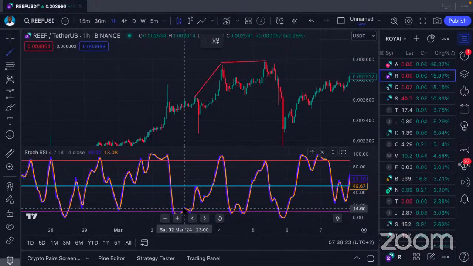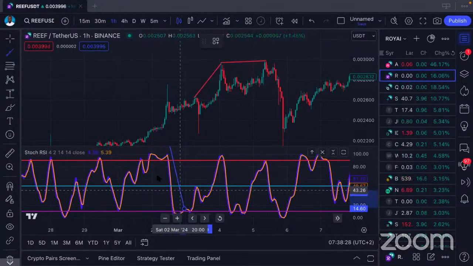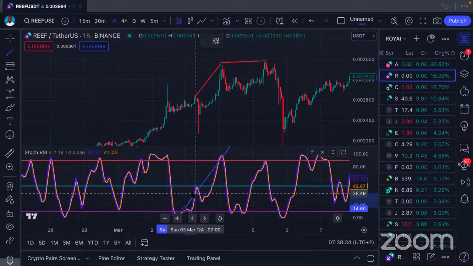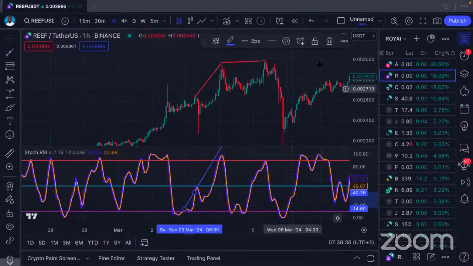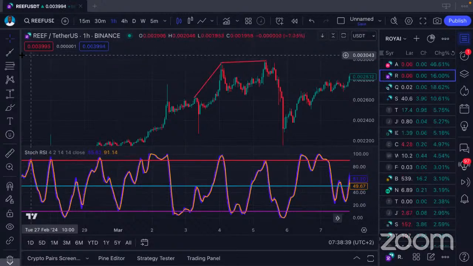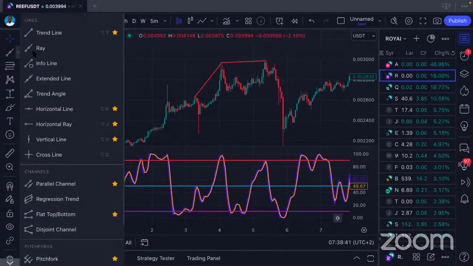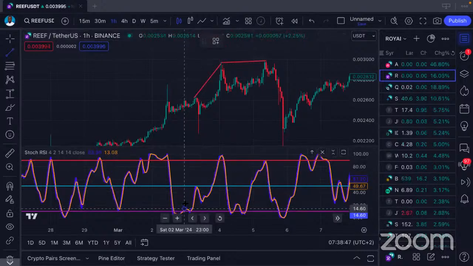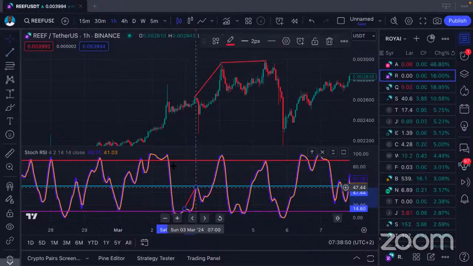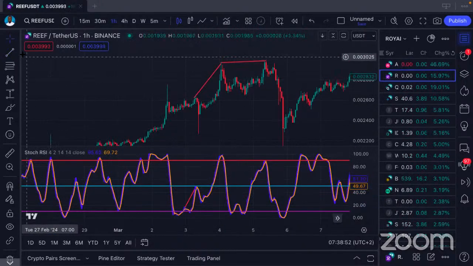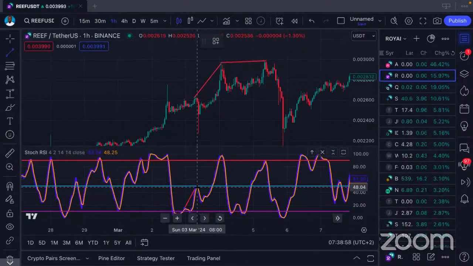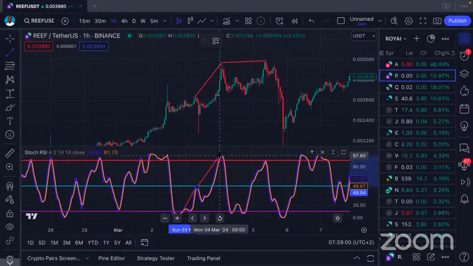We connect this high to this one. Which line is this one now? I don't know which one I picked. I picked red. So we move from this high to this high. Okay, and then we pick this high, this high.